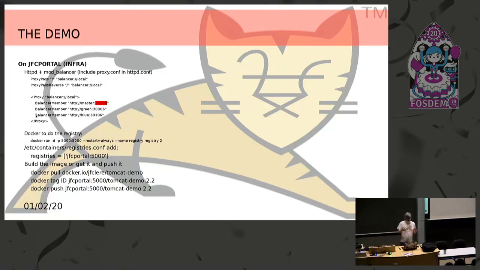To make my HTTPD, which is running here, distribute the load between the two Tomcats, I don't care which one. I'm going to tell it that any member of my cloud is able to do the routing. This is Kubernetes which does the routing for me.